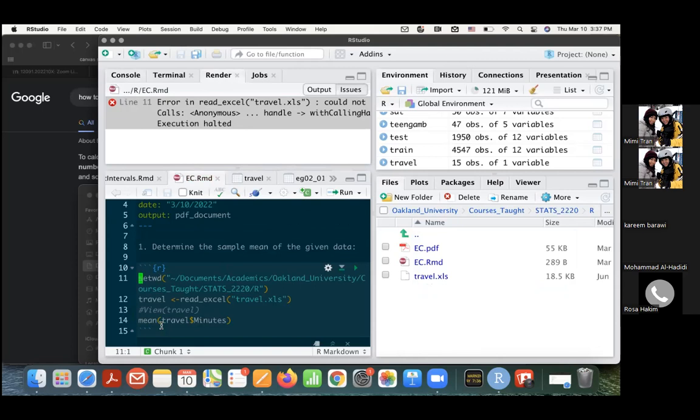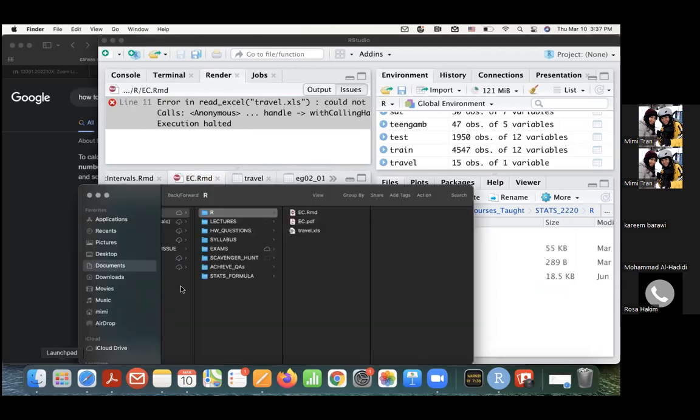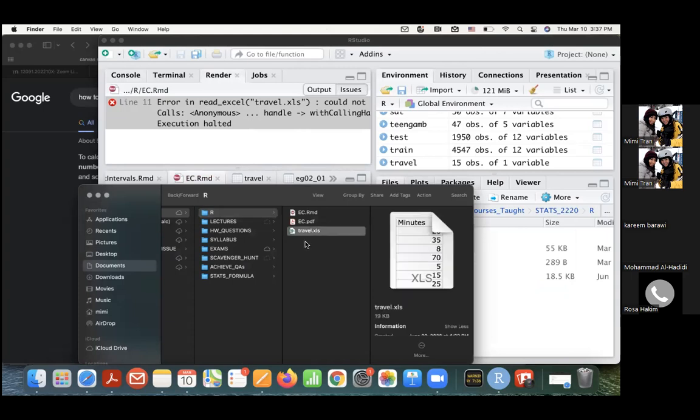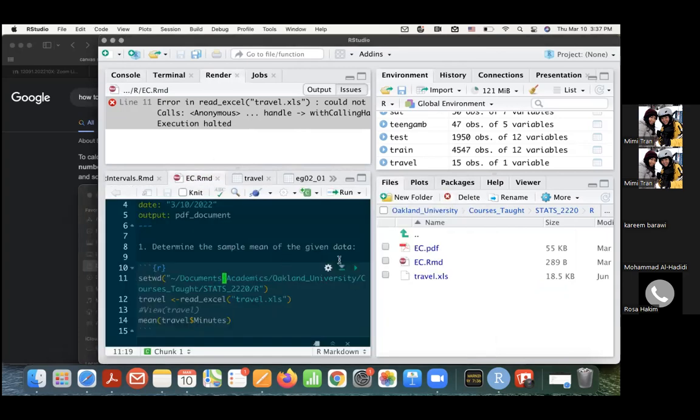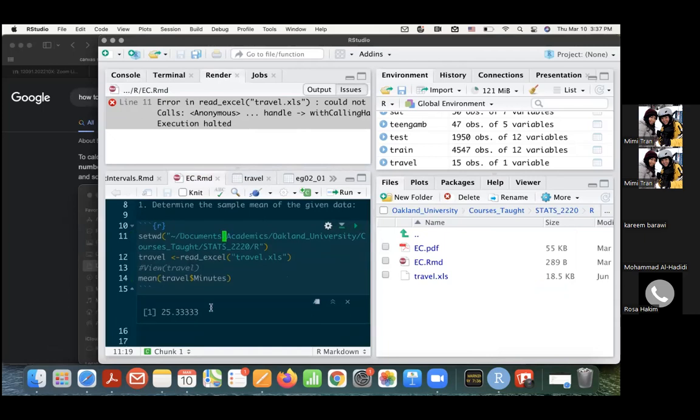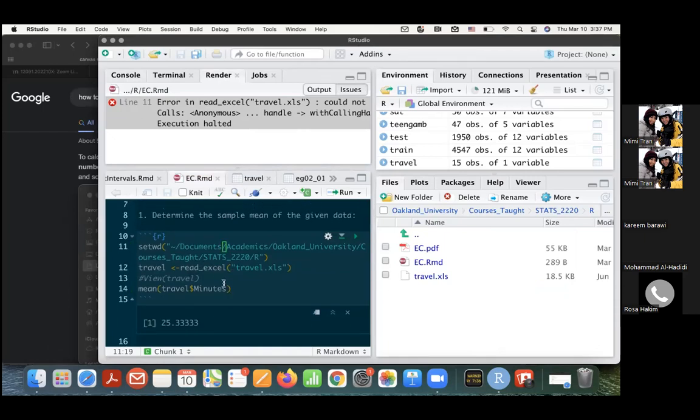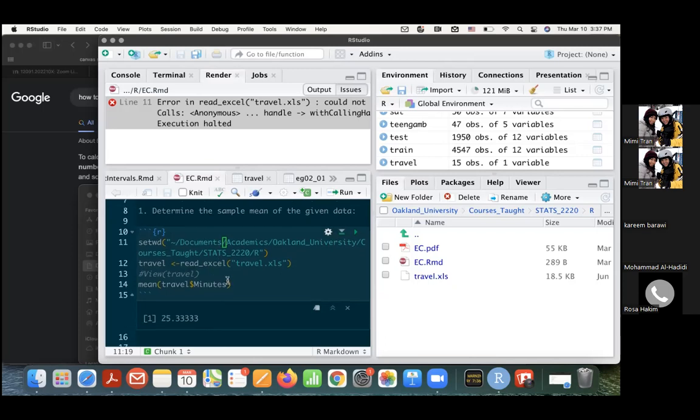How come? Trouble right here, XLS. And I can do it from here. I can run it from here. How come I cannot knit it right here? That's ridiculous. Document. Okay, I'm going to see what happened.